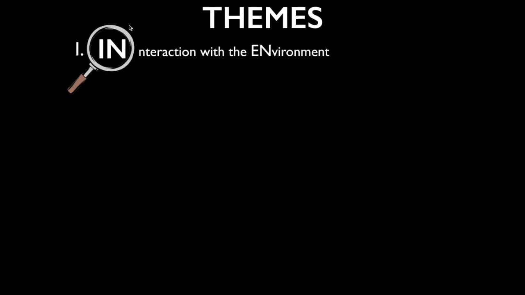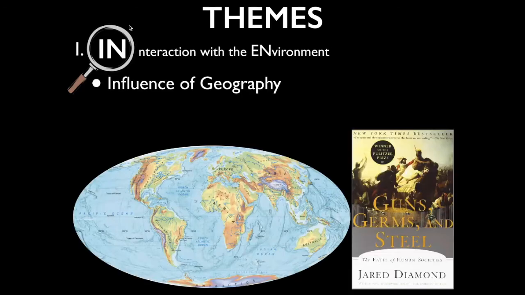So let's talk about the IN in inspect, interaction with the environment. What we're talking about there is really the influence of geography. The more you study world history, the more you start to understand the important role that geography played in the way in which different societies developed and emerged and progressed.